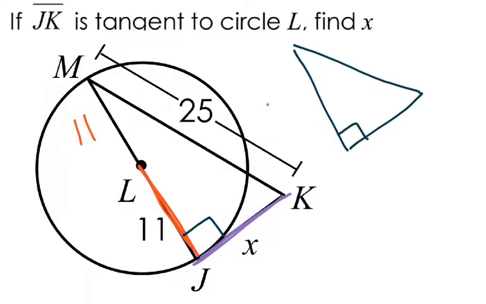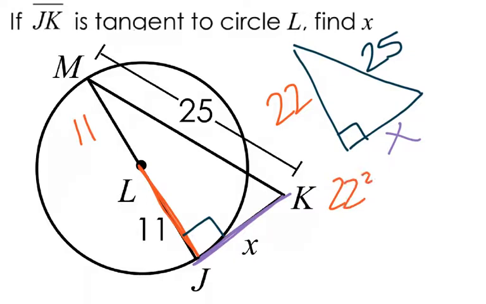This side is actually 22 because it's 11 plus 11. And then X is the side we're trying to find. And then the hypotenuse is the 25 side. And then just remember that it's A squared plus B squared equals C squared, so always the hypotenuse.